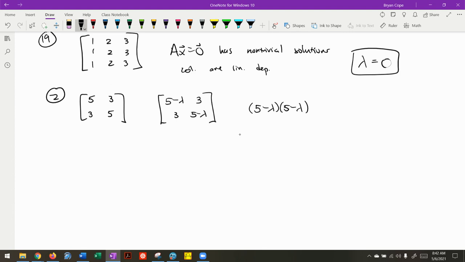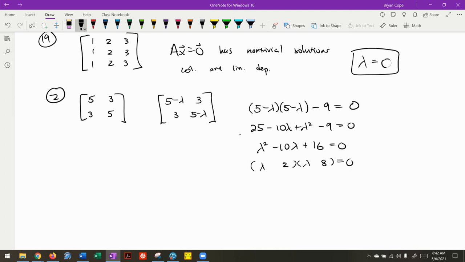We can do it by hand. All right, so our eigenvalues are negative 2 and 8. And that's all we had to find.